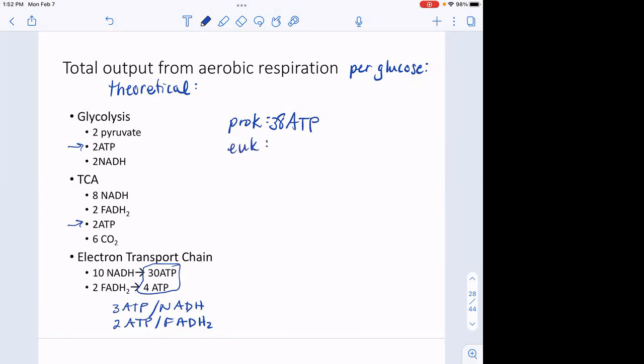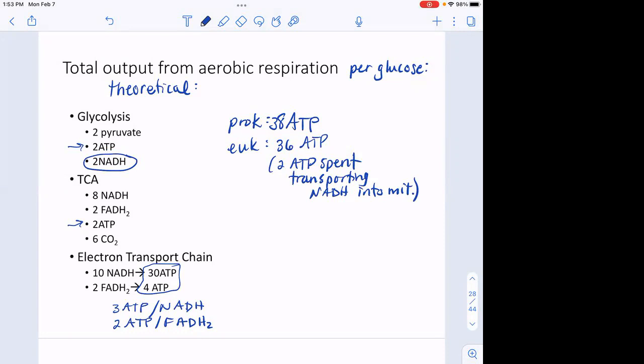For eukaryotes, they say 36 because the cell has to spend 2 ATP to transport this NADH into the mitochondria. So at least in theory, the yield is just a tad bit less for eukaryotes.